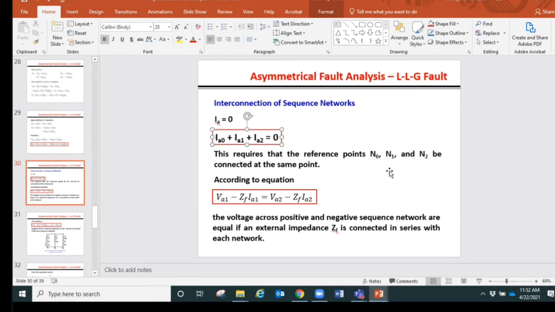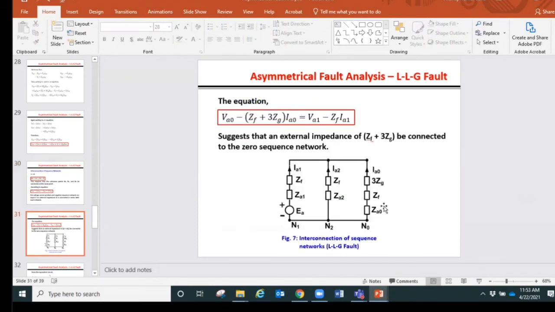So what does this mean? These three currents coming from the zero sequence network, positive sequence network and negative sequence network will be connected to a common point, a star point or neutral point, because these are the three currents coming from the respective sequence networks. This is how it is going to look.